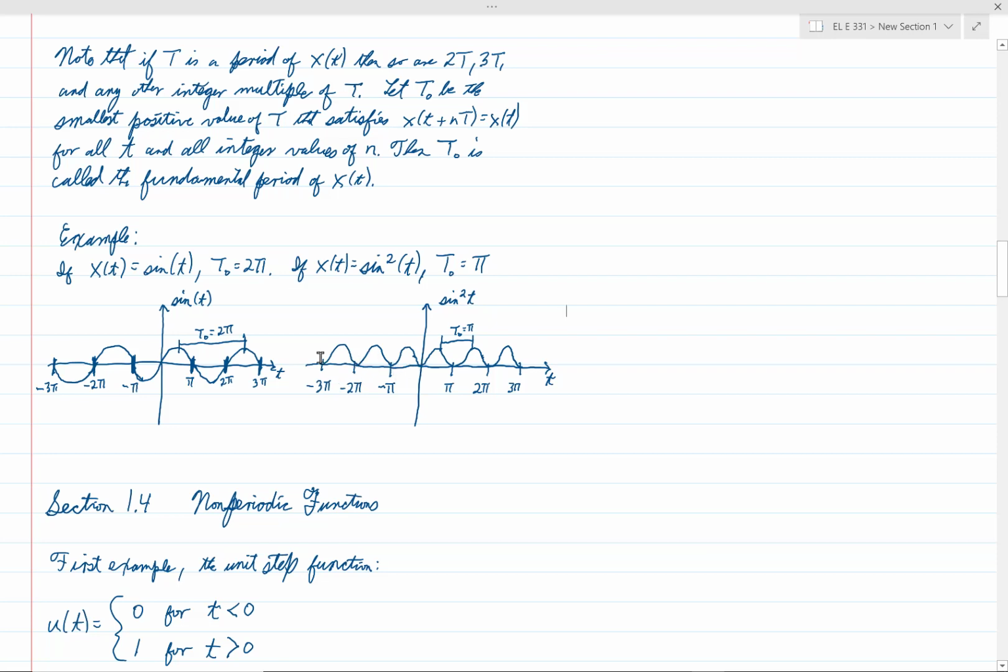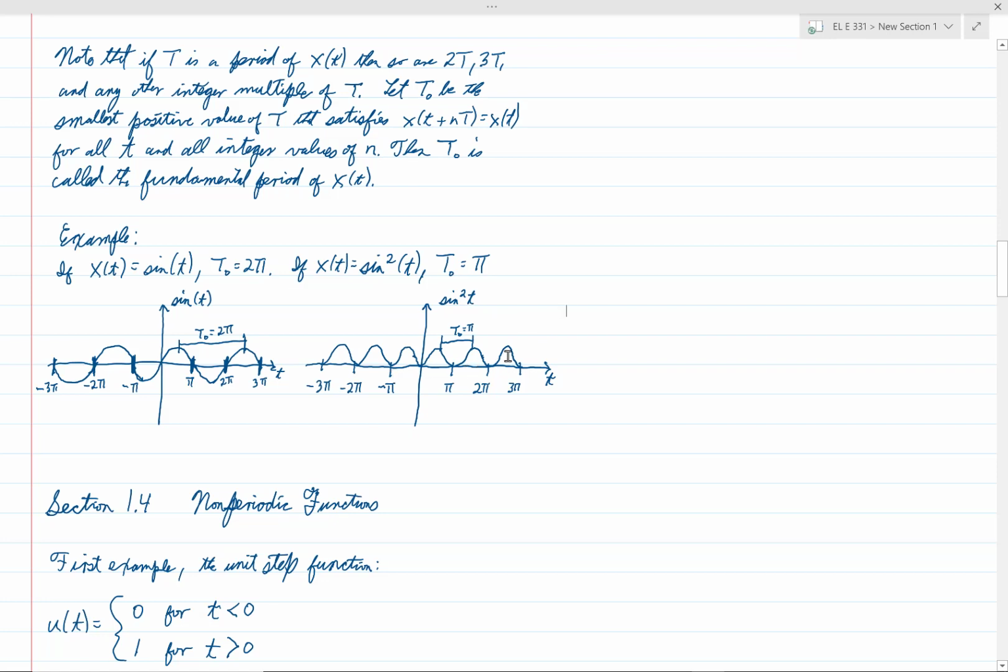It does go to 0 at negative 3 pi, negative 2 pi, negative pi, 0, pi, 2 pi, 3 pi. It does go to 0 just as the previous graph, but we shouldn't have those sharp corners. It's a rounded curve, okay?